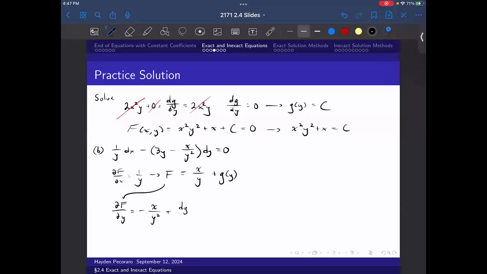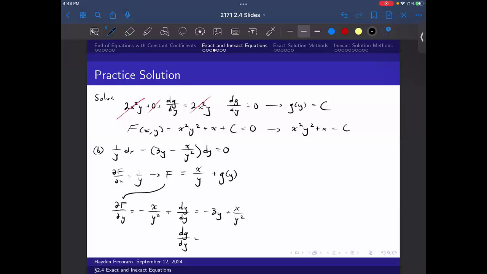Plus dg/dy, and that has to equal minus 3y plus x over y squared. And what happens if I solve this for dg/dy?